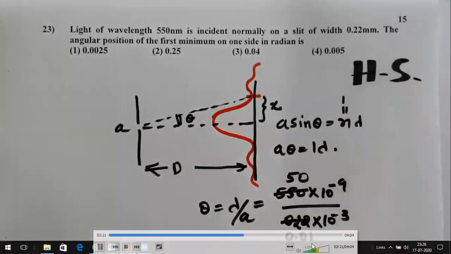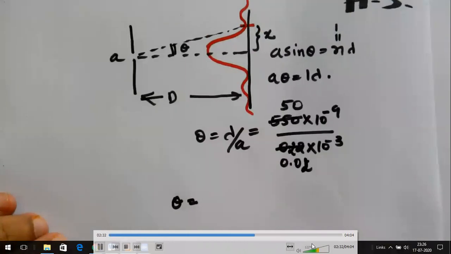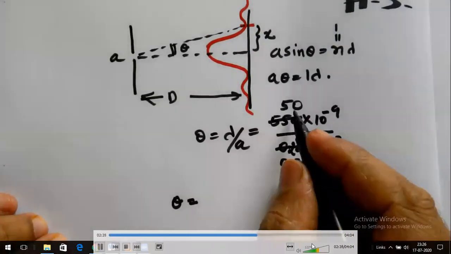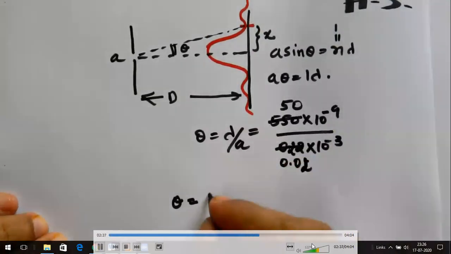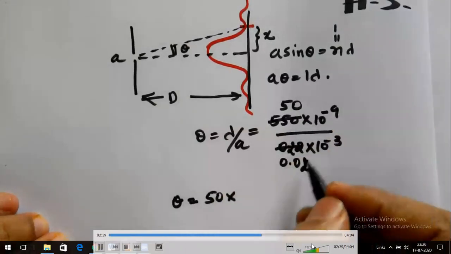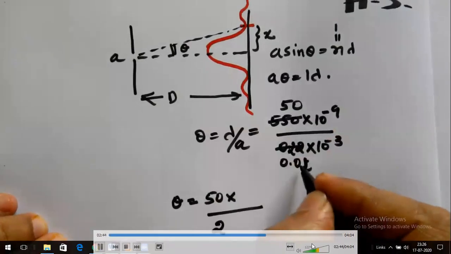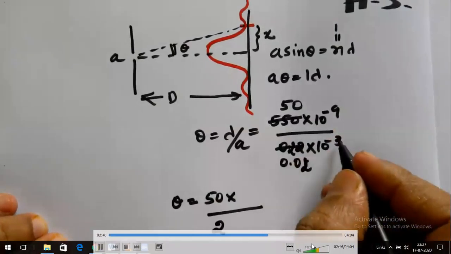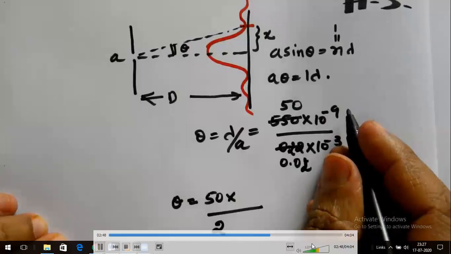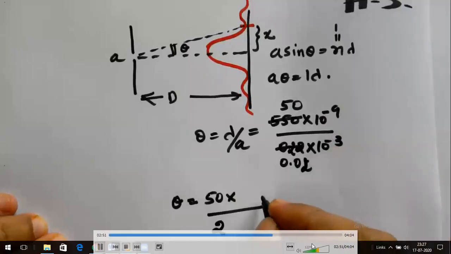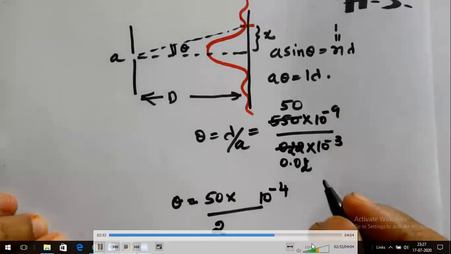So if you calculate theta, the angular width, theta is equal to 0.02 times 50 into, I will take this as 2. So here there is a 10 to the power minus 2, 10 to the power minus 5, and totally 10 to the power plus 5, plus 5 minus 9, 10 to the power minus 4 by 2.